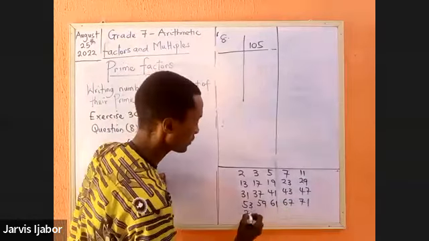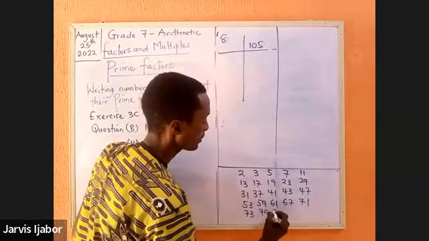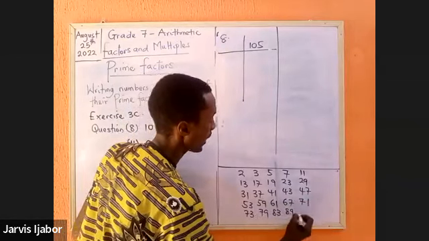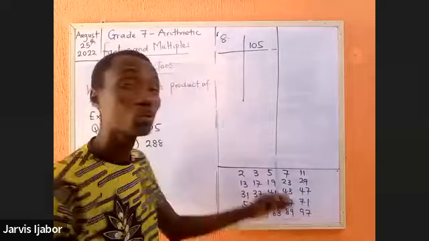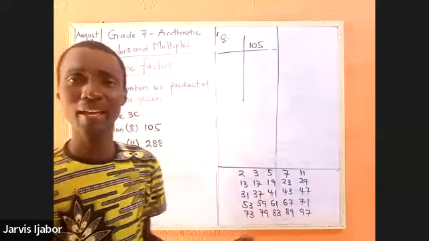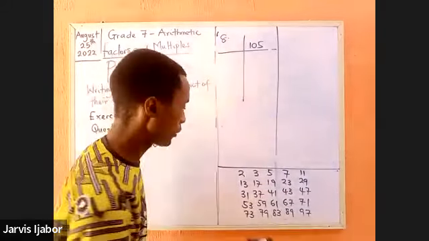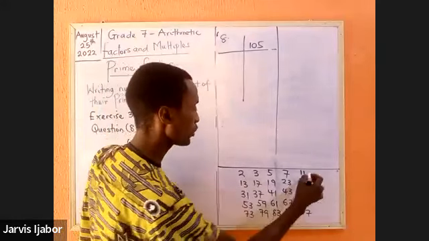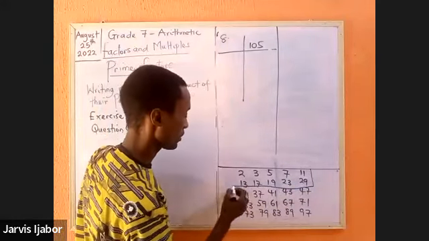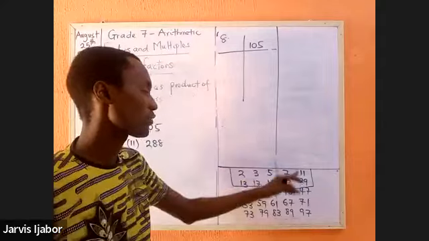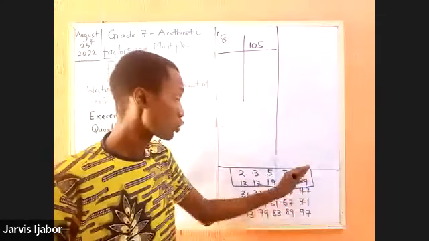You have 73, 79, 83, 89, 97. You should know them very well. And then at your level, you may not go beyond the first two rows, but it's important that you should know all of them.